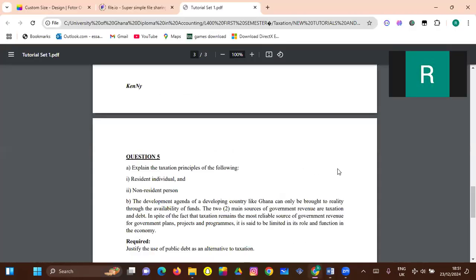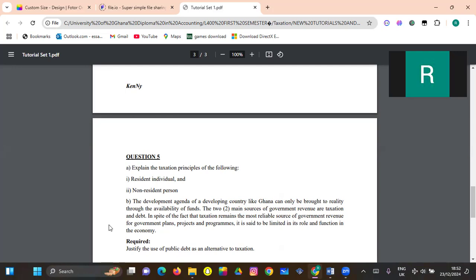So B, the development agenda of a developing country like Ghana can only be brought to reality through the availability of funds. The two main sources of government revenue are taxation and debt.